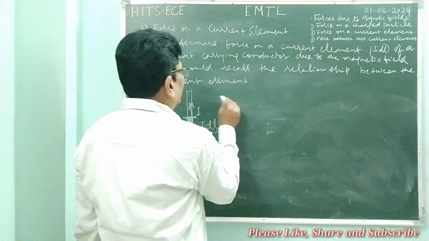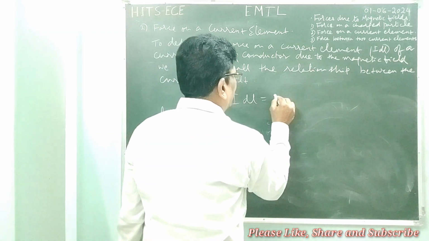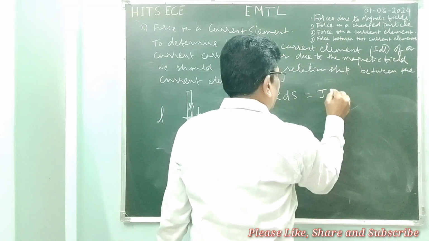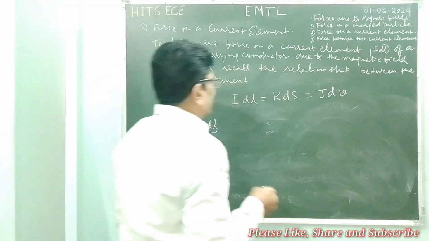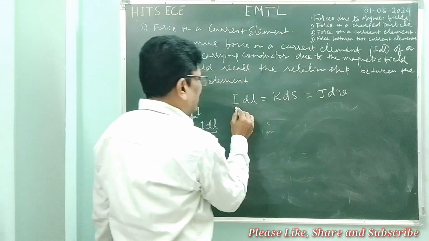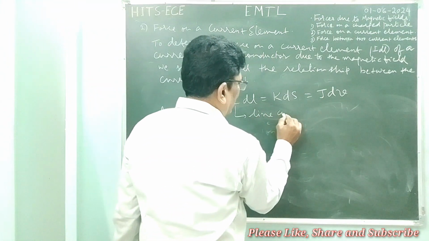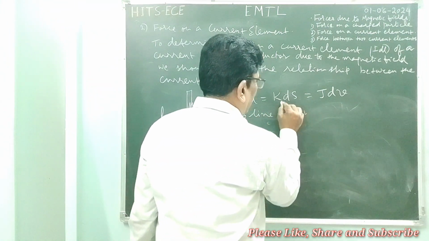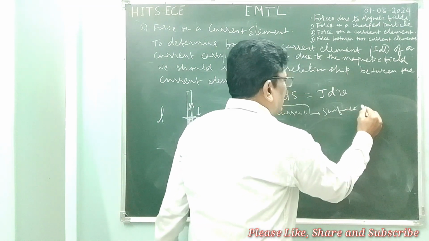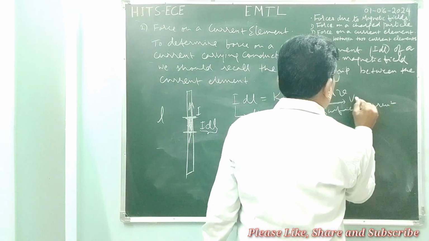Okay, we should recall the equation I dL is equal to K dS is equal to J dv. I is called the line current, K is the surface current, and J is the volume current.